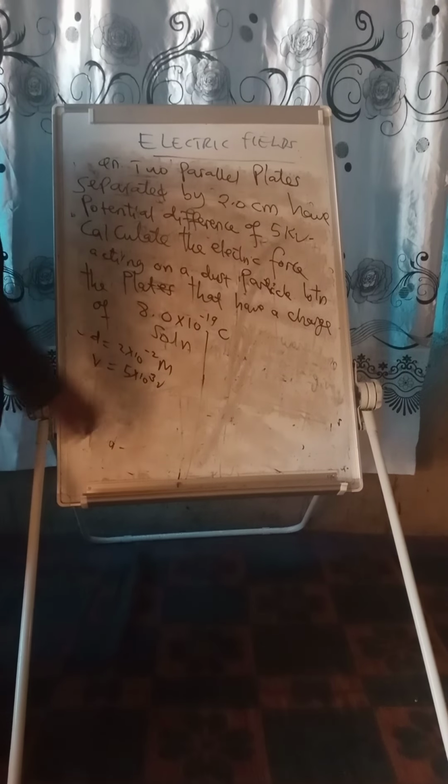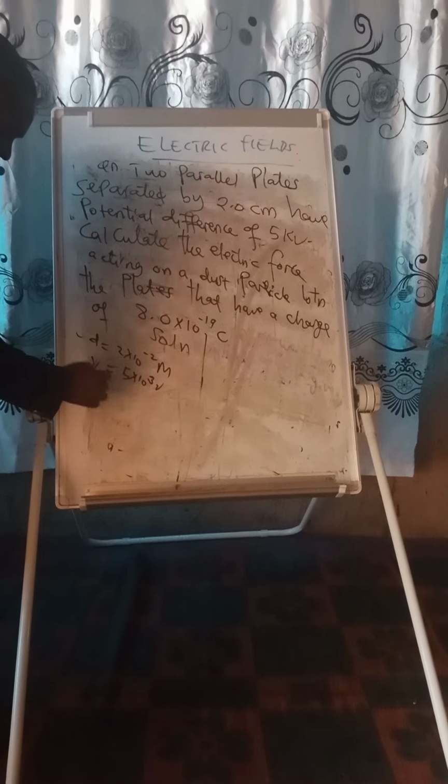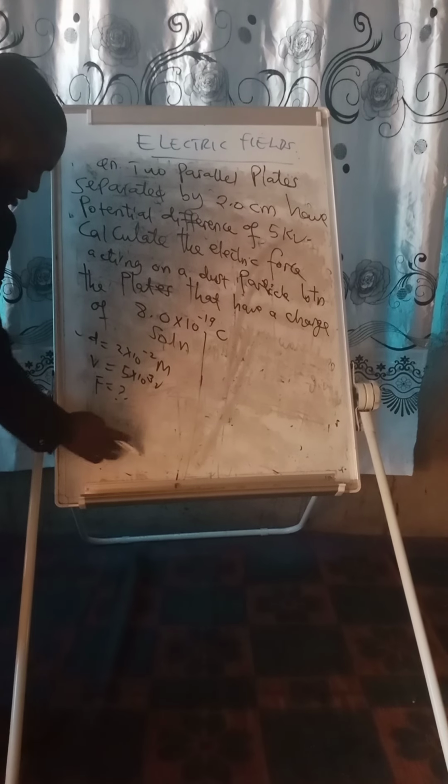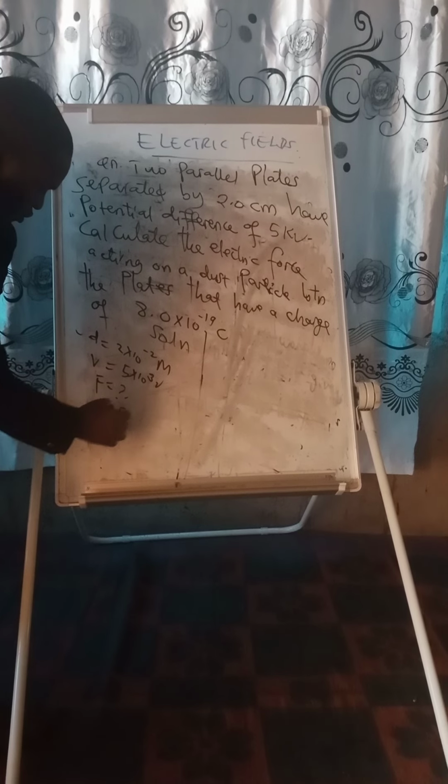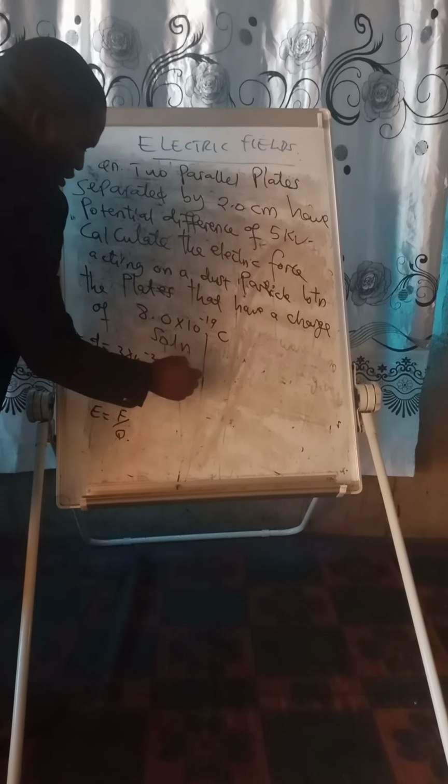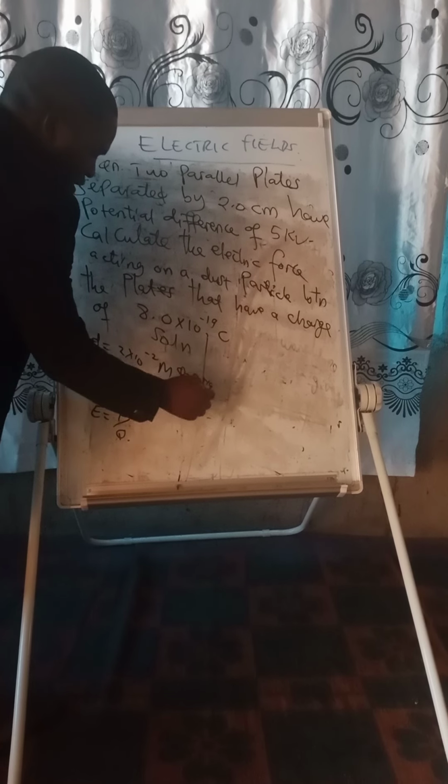So we have been given this distance and volts, and we have to calculate the electric force. But we have two formulas for electric field strength. One is E is equal to force over charge, and also here I have been given a charge, which is 8 times 10 to the minus 19 coulombs.